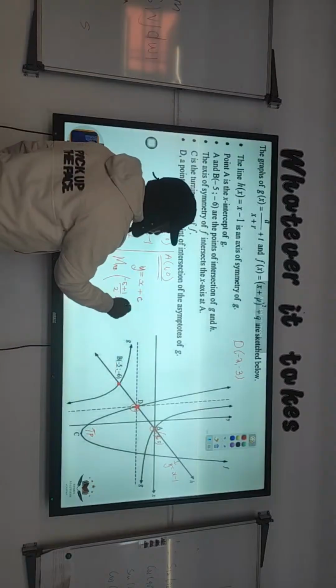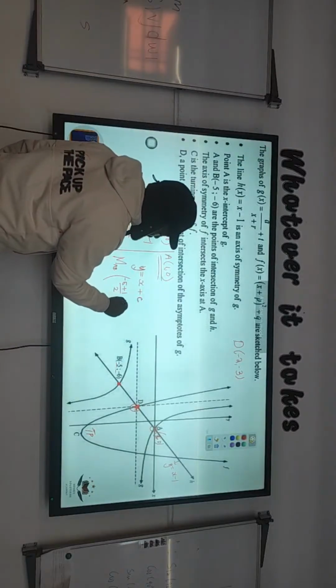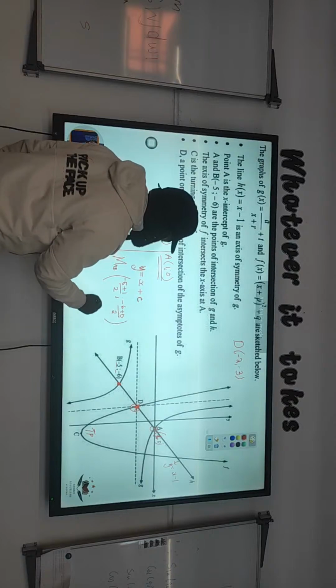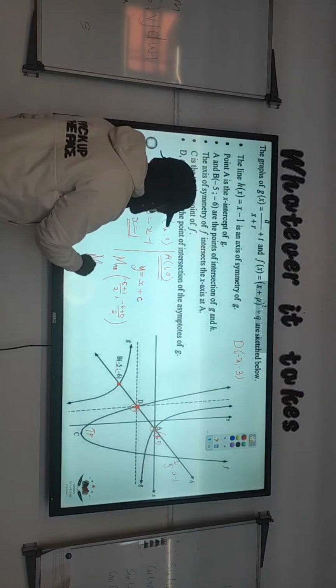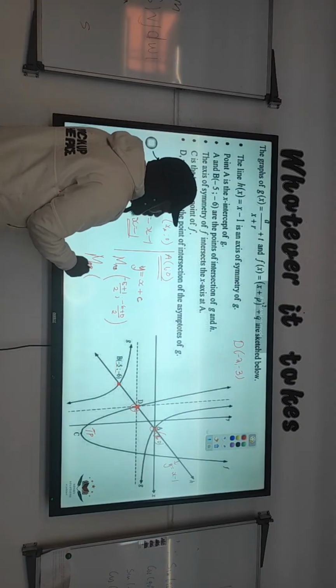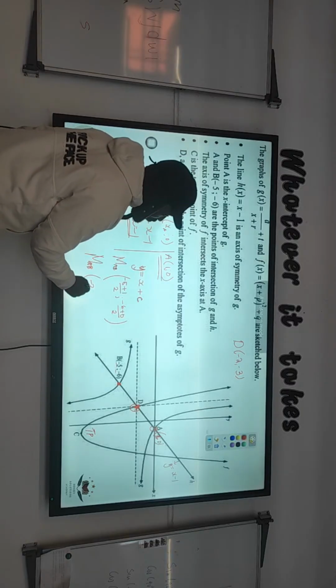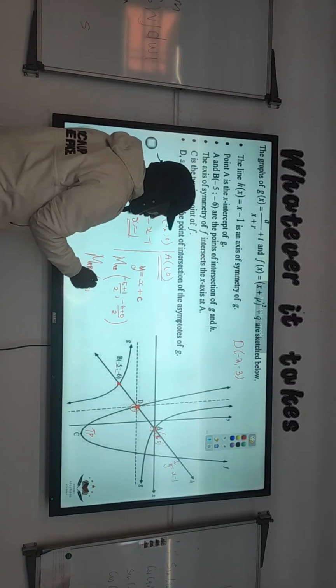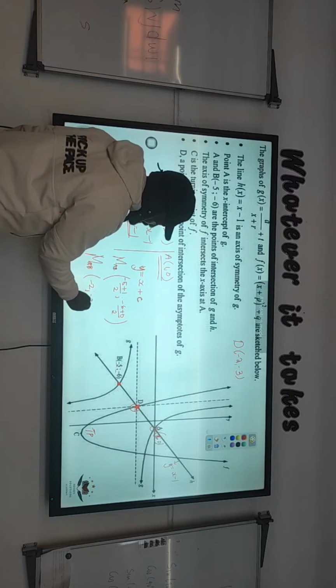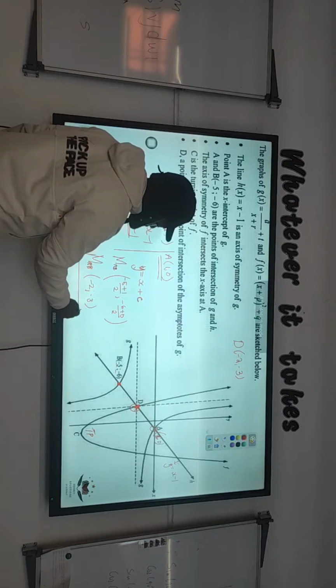And then for the y's, I have negative 6 plus 0 divided by 2. So the midpoint of AB: negative 5 plus 1 is negative 4, divided by 2, gives me negative 2. And I see that I have negative 2, so I become excited. Then negative 6 divided by 2 gives me negative 3. And I'm sorted.